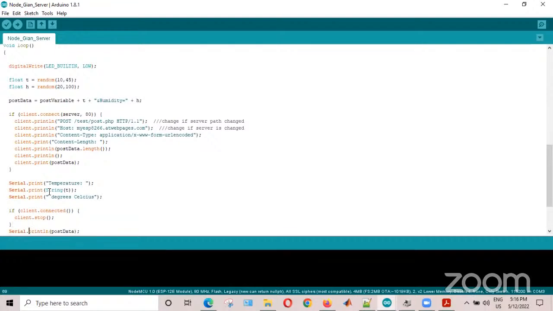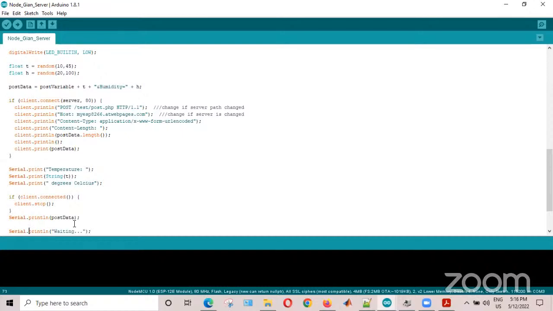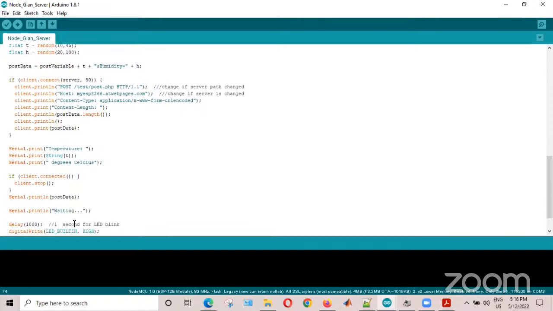Whenever we are connected to the server, we will stop the request, and the thing will loop on continuously. As soon as the POST request is done, it will stop the connection. Again, it will do the same.